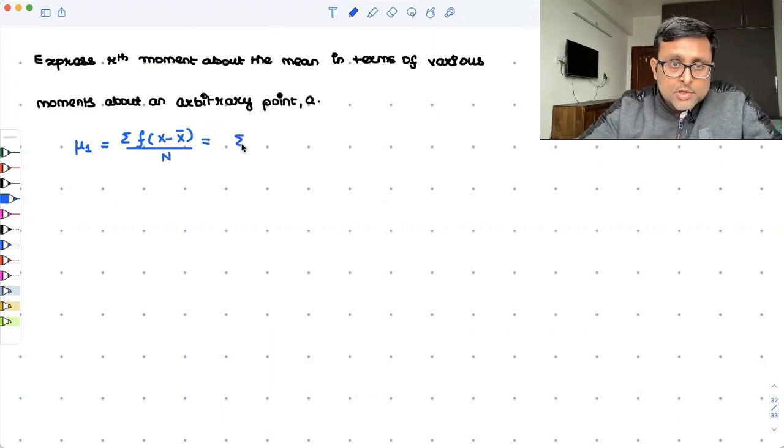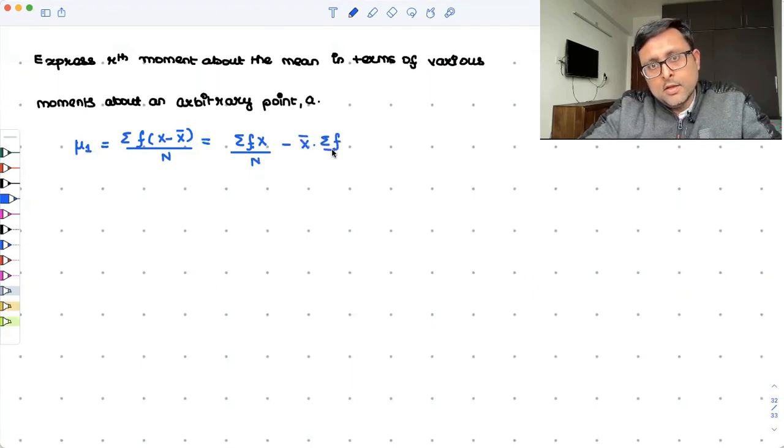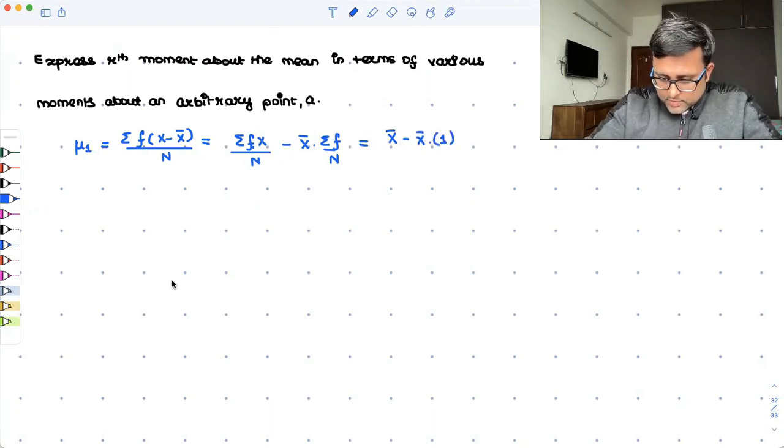So that is summation of fx upon n, x bar being constant will come out of the summation sign, summation f upon n. So this is nothing but x bar minus x bar, summation of f upon n, that is equal to 1, right? So basically this thing is 0.